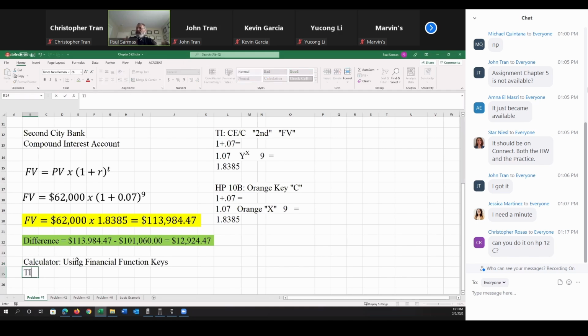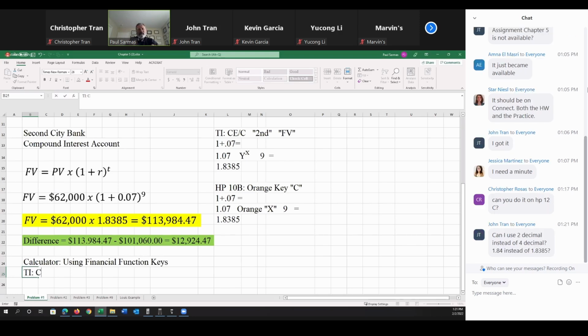Calculator using financial function keys. This is what I mean. Let's talk about TI. Again, remember to clear. That's very important. Notice that I keep saying that. CEC, second.